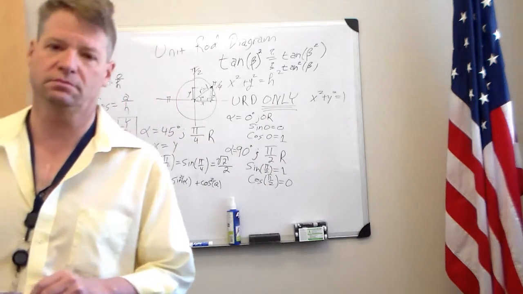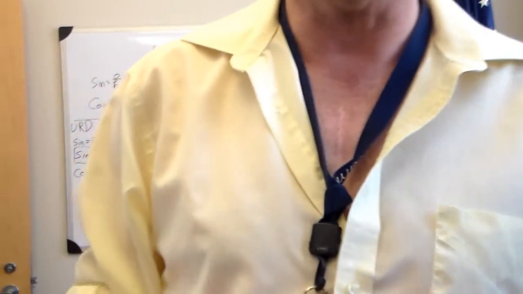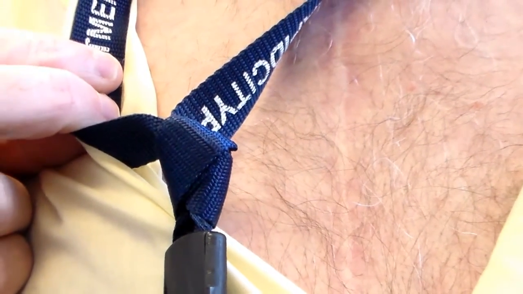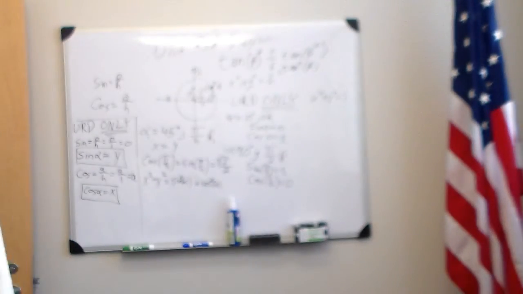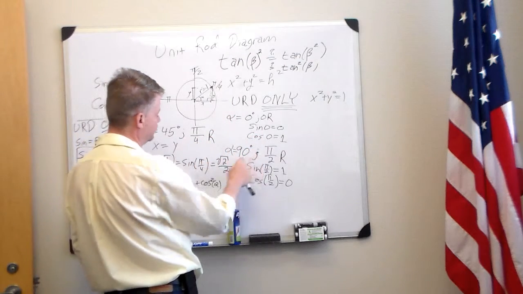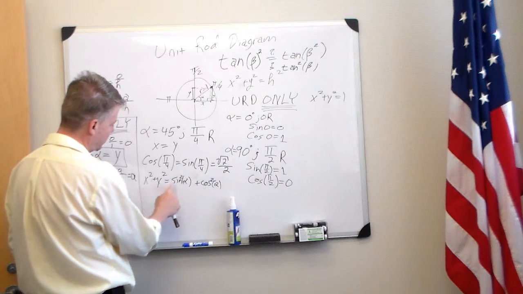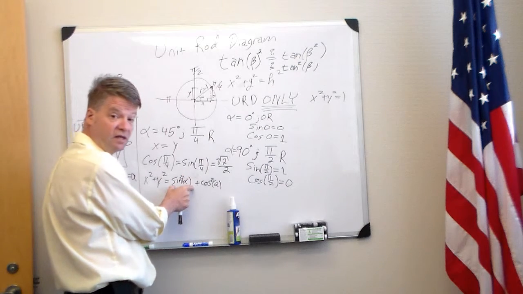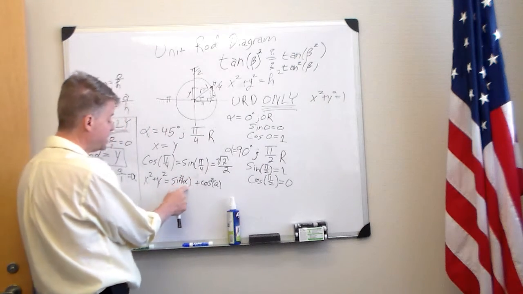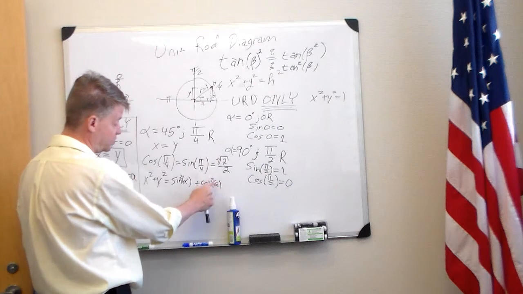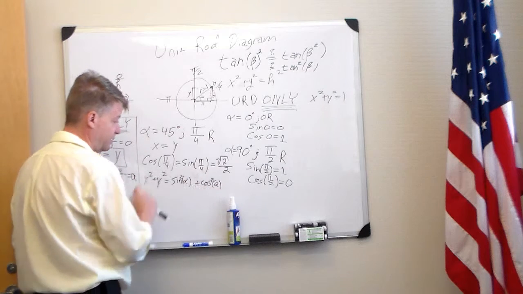By convention, every time we're squaring a trigonometric function, we put the square by the function. So really, the proper way to write this is sine squared alpha. That means we're squaring the value of the sine of the angle. Same for cosine. Cosine squared angle means we are squaring the value of the cosine of the angle.